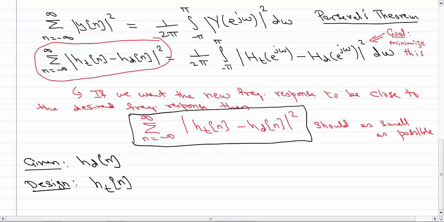So let's make that constraint. It's not just that I want to design h_t[n], but also that h_t[n] is FIR. Okay.